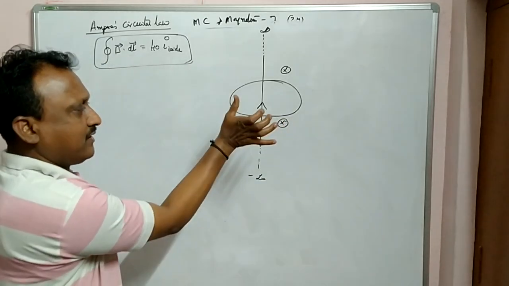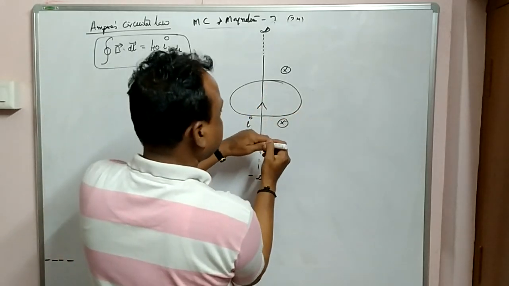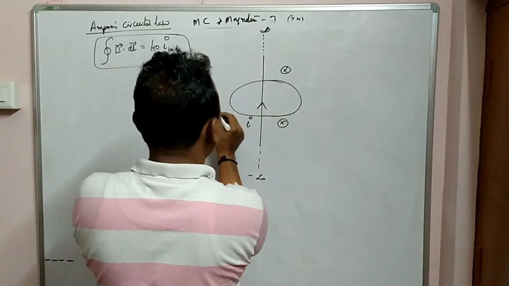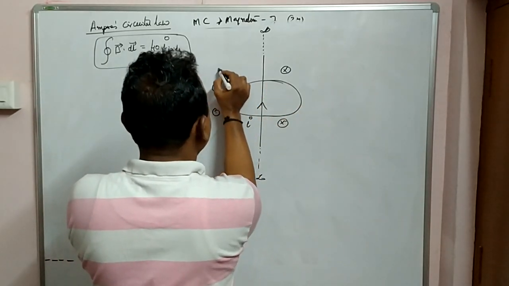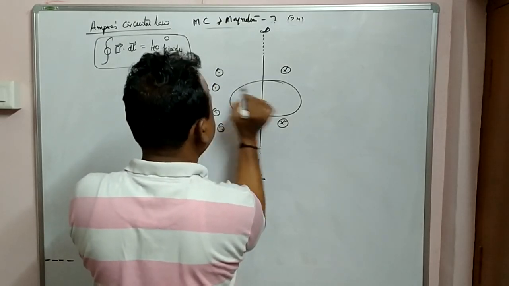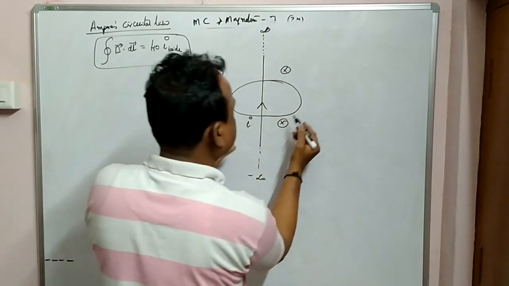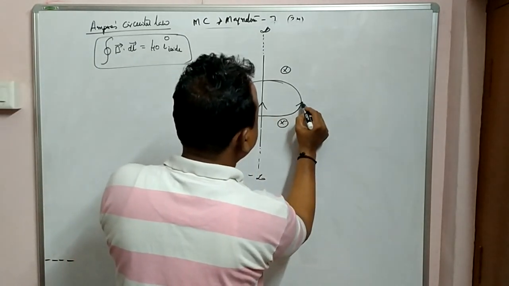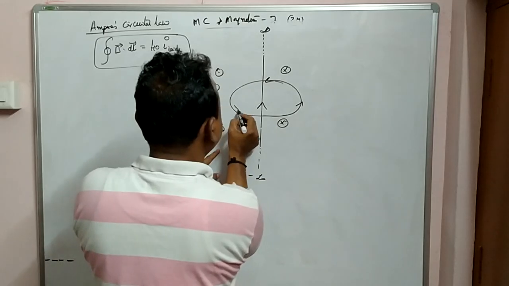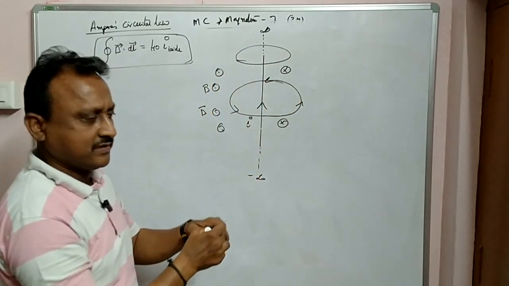You can see here magnetic field is inside, it is going inside here and here outside. Here magnetic field is outside, you can see, here inside. It goes like this and comes outside, see like this.